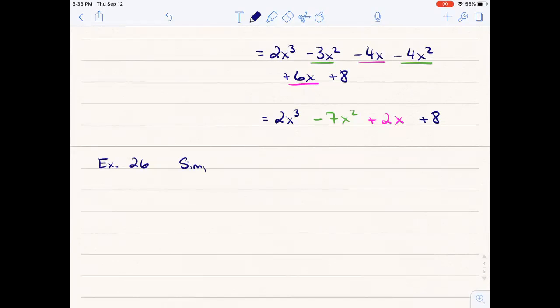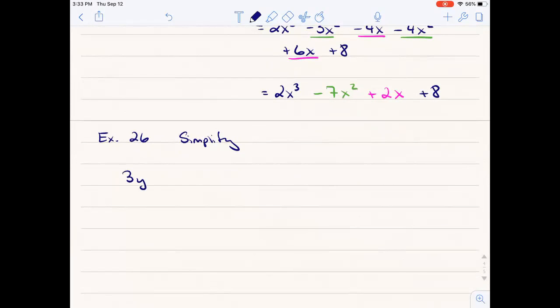What if I asked you to simplify 3y over 1 plus 0.06 times 175 over 365?